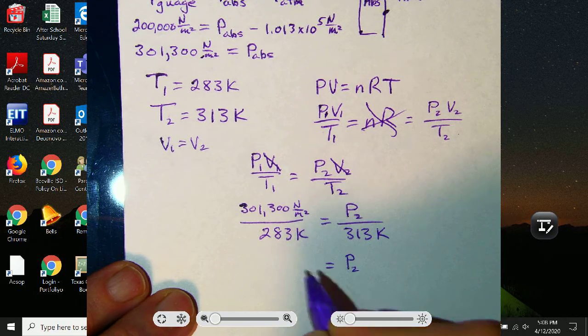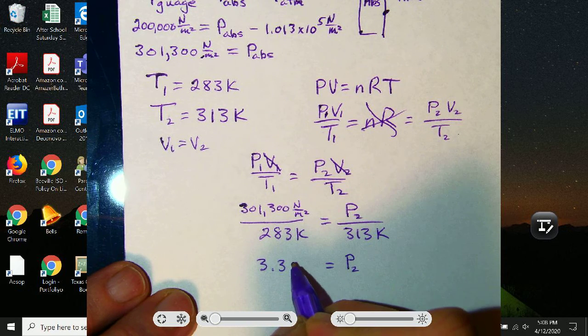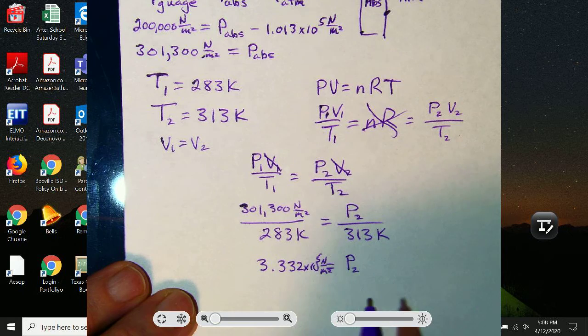When we solve for P2, what we get is 3.32 times 10 to the 5th newtons per meter squared.